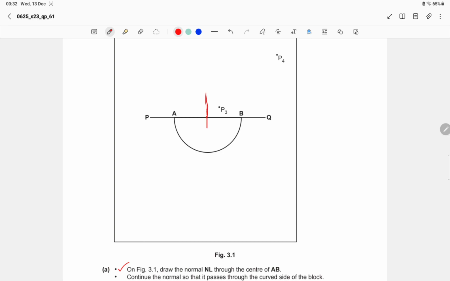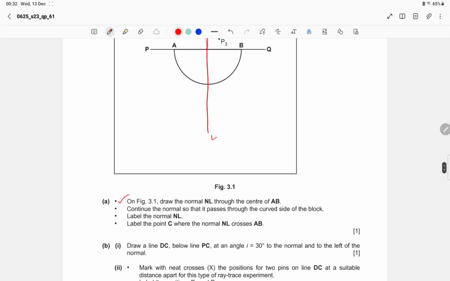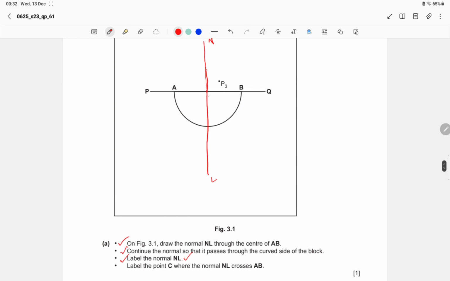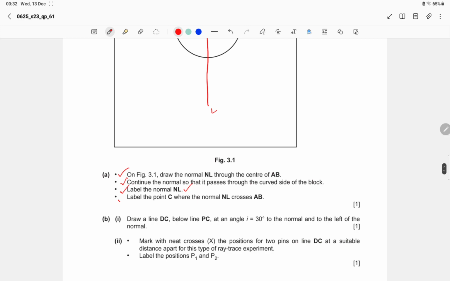Draw through the center, and that is going to be your normal, so you can write it down NL like this. Continue the normal so that it passes through the curved surface of the block and label it NL. So we are done with this. Mark point C where the normal NL crosses AB. So we are going to put C over here. So this is also done.